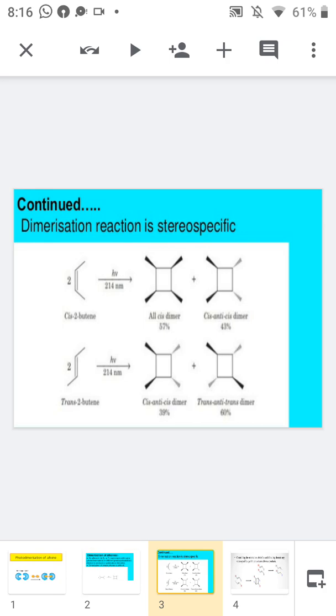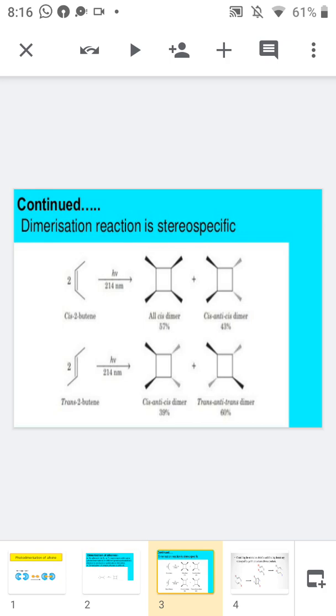In the cis-anti-cis dimer, both substituents of one alkene are on one plane, and anti means the other substituents are in a different plane, but the similar groups are on the same plane.